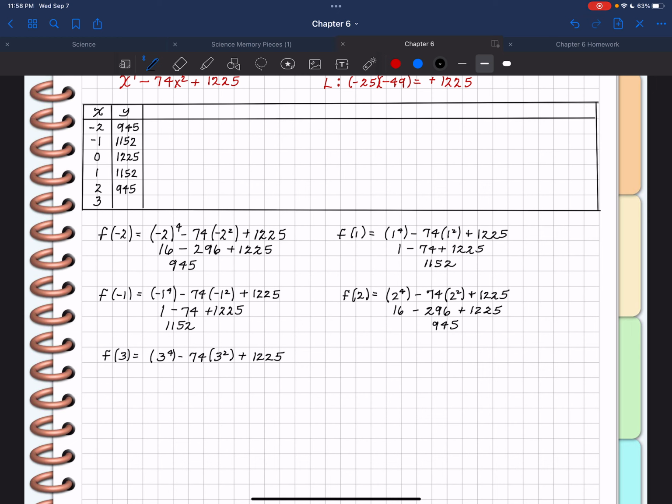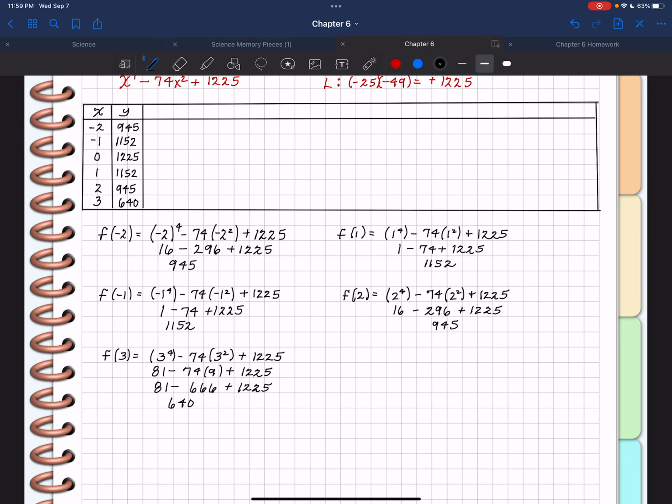So 3 to the 4th is 81 minus 74 times 9 plus 1225. 74 times 9 is 666. So 81 minus that plus 1225 is positive 640. Okay.